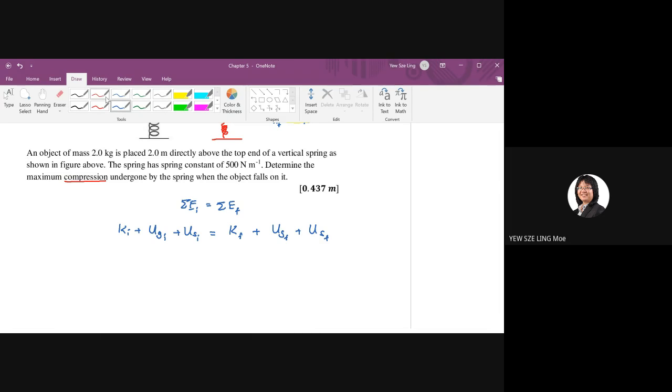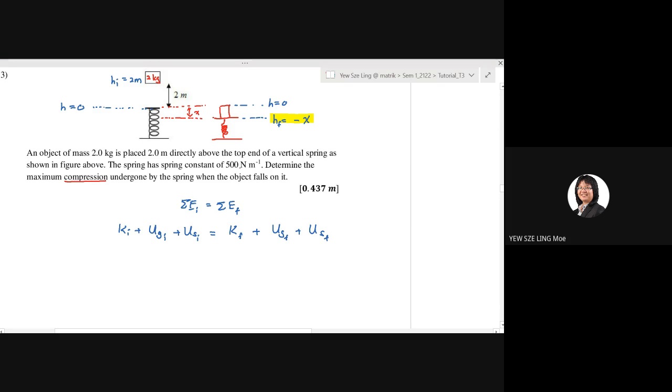So what happens right now is you have to go through the question again and see which terms can be removed from our equation. Before you drop the object, we have initial speed equals 0. Therefore, K initial you can remove. And UG initial, well, you have a non-zero H initial, therefore you keep it.